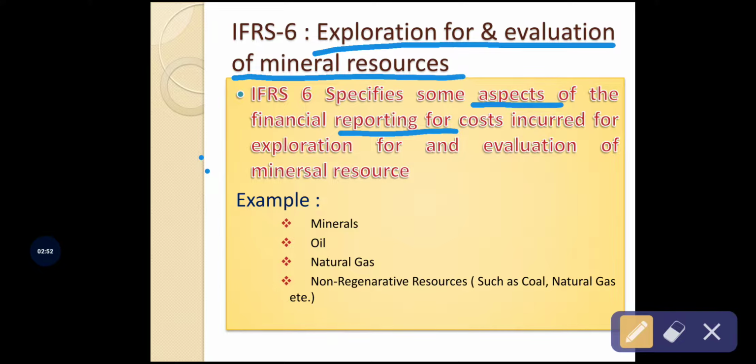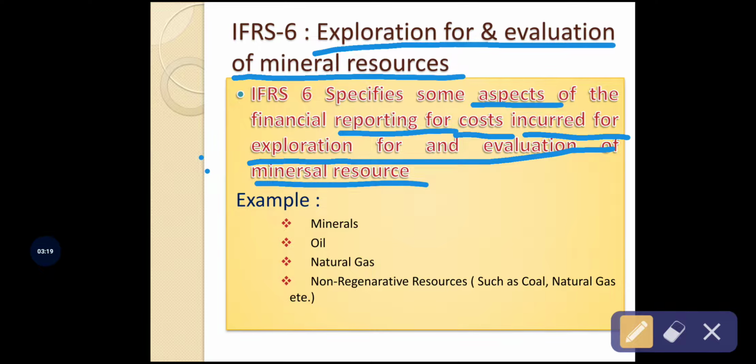IFRS 6 specifies the rules and regulations related to this cost.